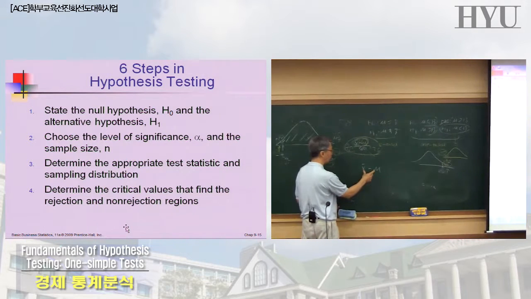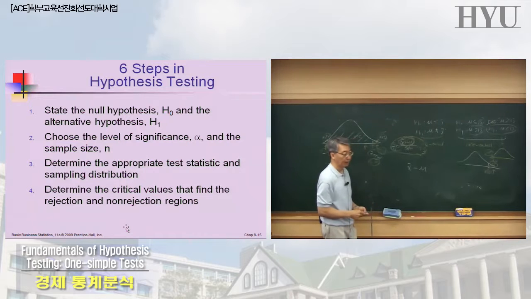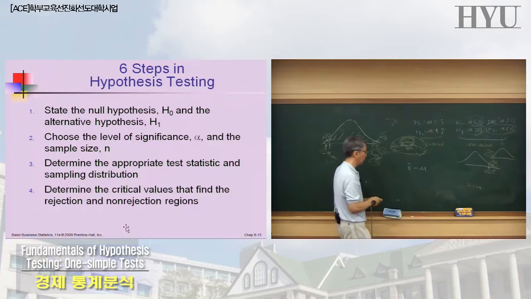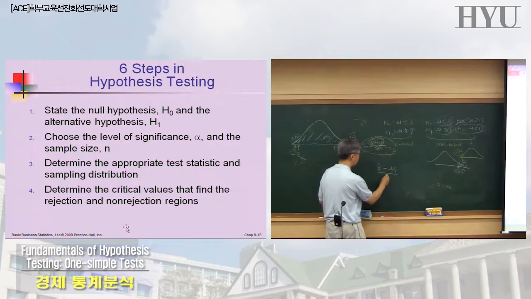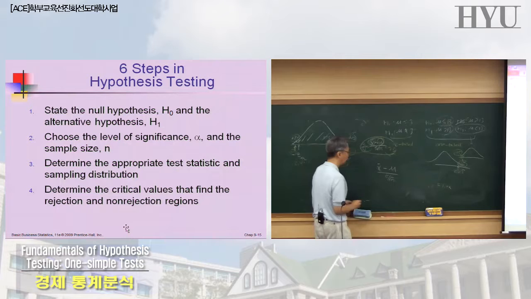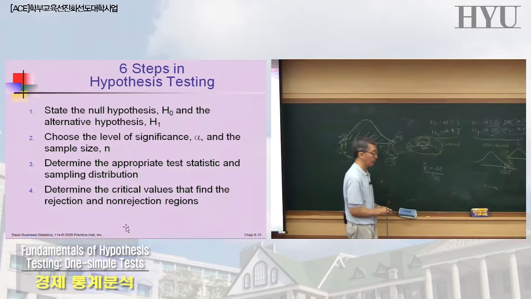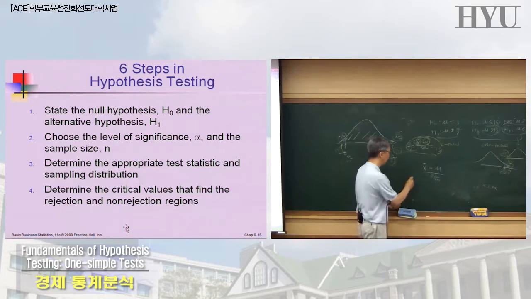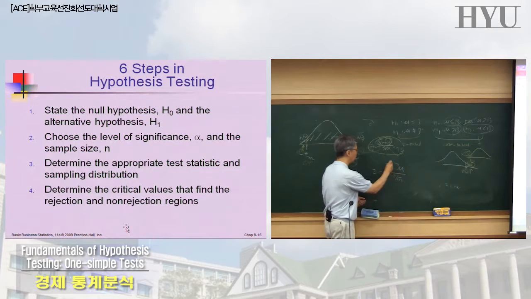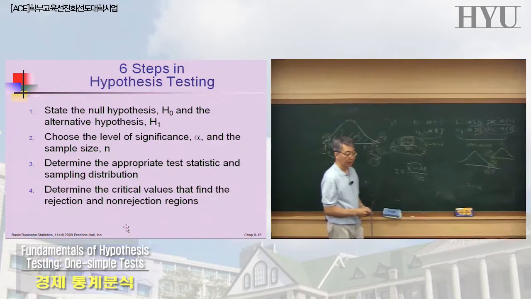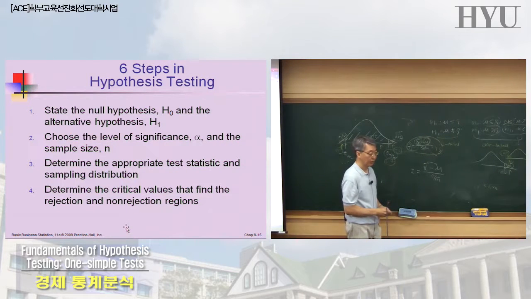If this is too large, if it's too far away, then you have sufficient evidence to reject it, right? So simply, you are comparing that distance to the standard error. So if it comes out to be 2, that means this distance is twice as large as the standard error of the sampling distribution.